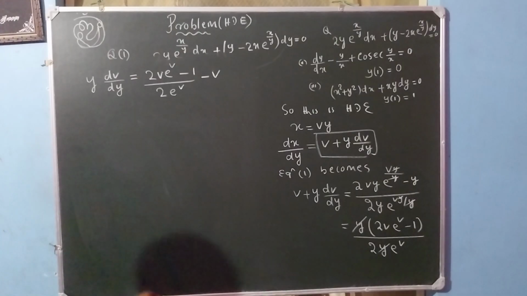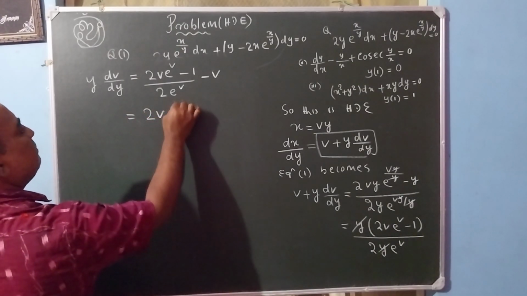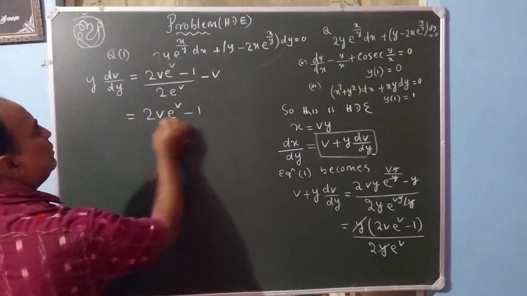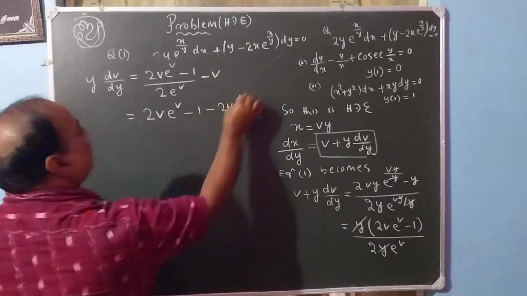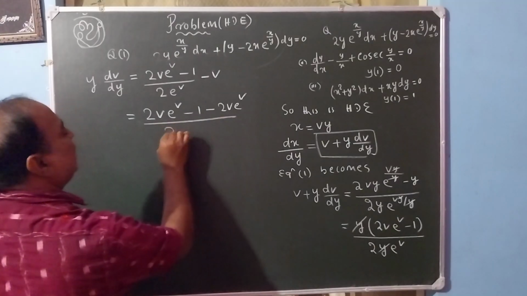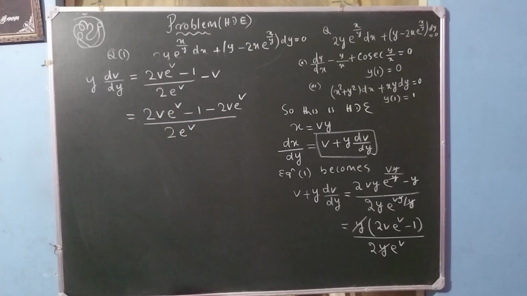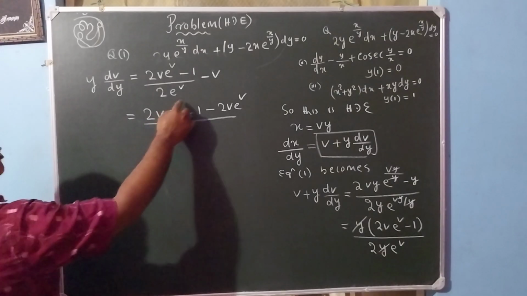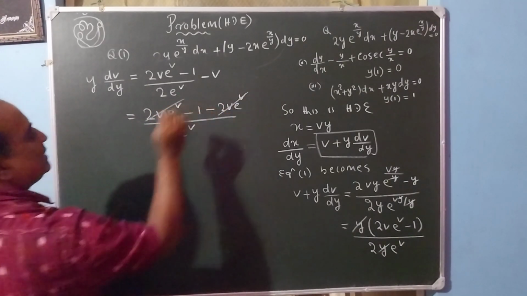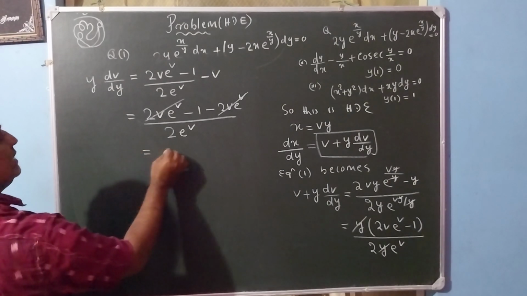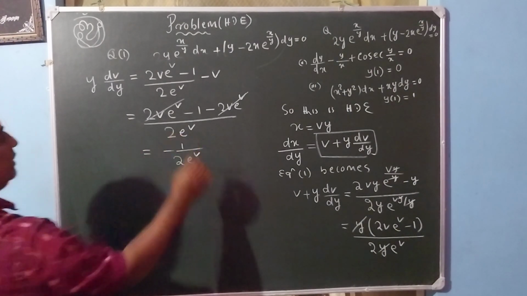Now taking LCM, we get (2v e to the power v minus 1 minus 2v e to the power v) divided by 2 e to the power v. So 2v e to the power v and minus 2v e to the power v cancel, and the result is minus 1 by 2 e to the power v.